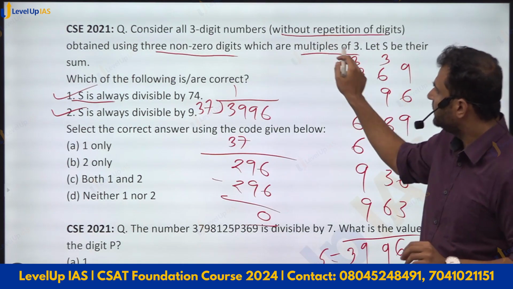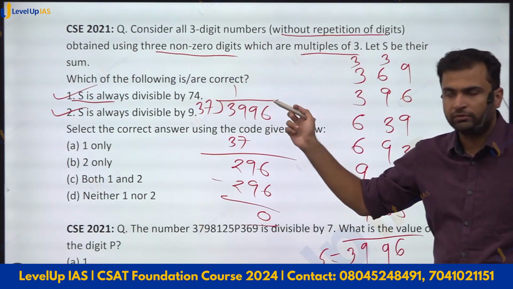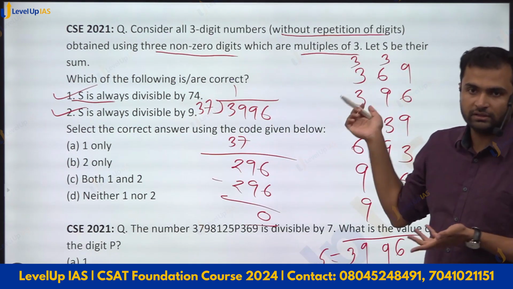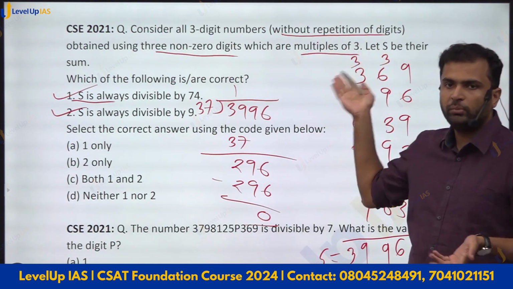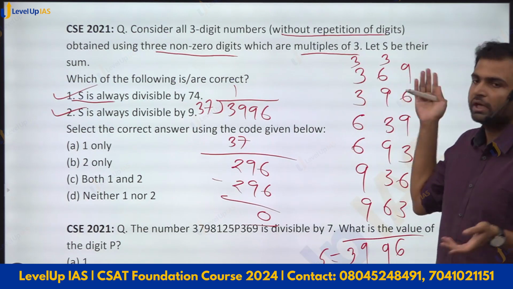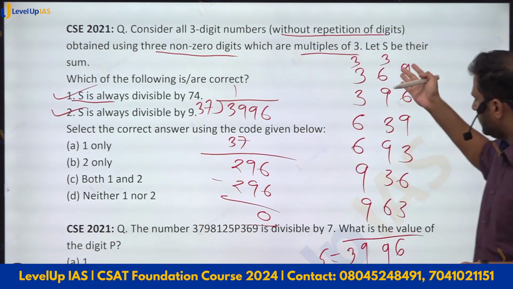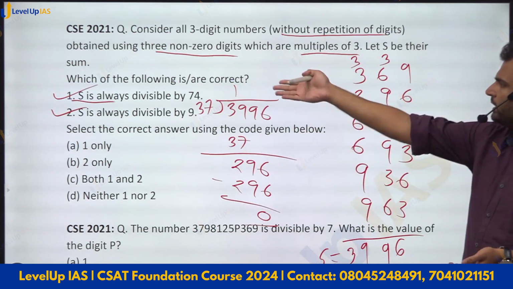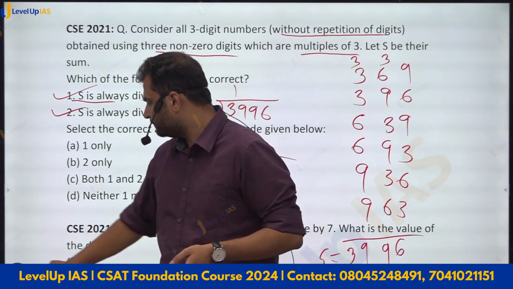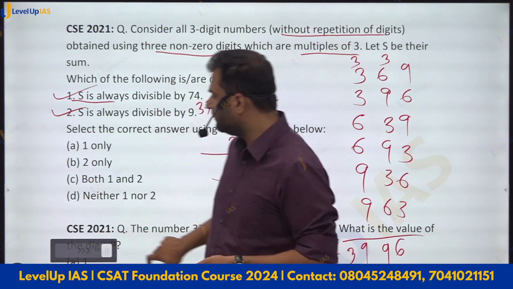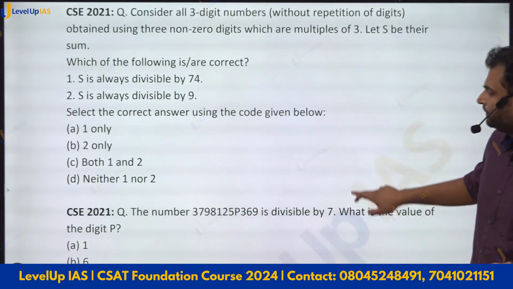All that was given is we have 3 digits which are multiples of 3, that are 3, 6 and 9, and we have to form numbers out of these such that no repetition is there. So one digit can be only used once, and we form all the possibilities. We add them and just check which of these statements are correct. This was very doable even within the examination hall.